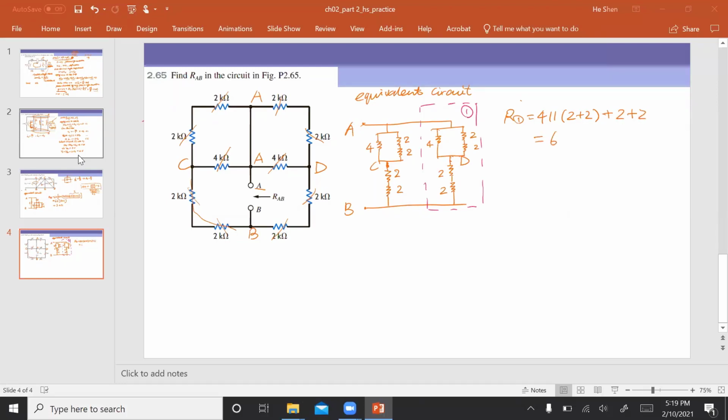So that will give us a 6 kilo ohm. Then our AB is equal to this block 1, which is a 6, and the other block 2, which is also 6. 6 in parallel with 6 will give us a 3K. So this is how we solve this problem.